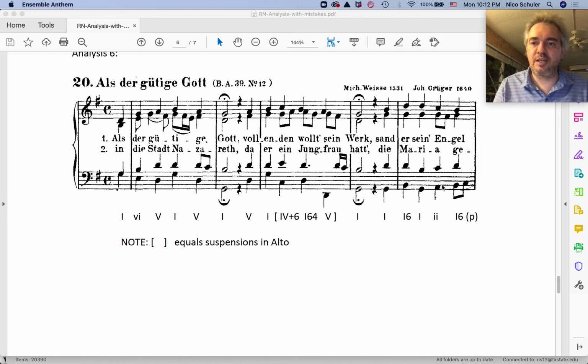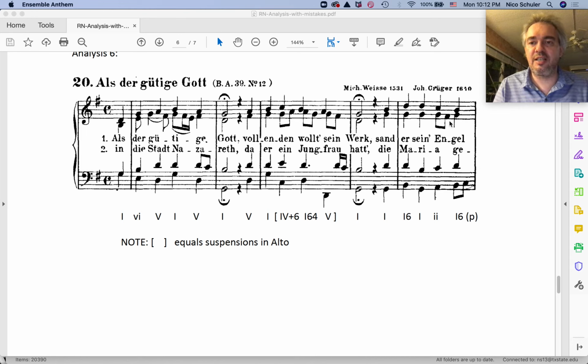Also, let's look at what is labeled here as 2. 2 usually doesn't go to 1, so that gives me a red flag. Of course, a 2 chord would be an A chord, A, C, E, but there is no E. There's a G instead, and then there's an F sharp.